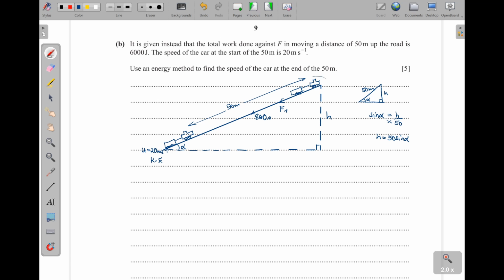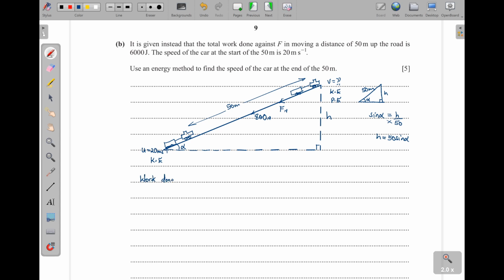Now, when these particles reach here, they will be moving with a certain speed. We don't know. And for that case, there will be kinetic energy. And since there is generation of this vertical height, then there will be potential energy. Okay, so what are we therefore going to have? This is the work energy principle that you need to know. If you have been following me, you must be in position to know this.